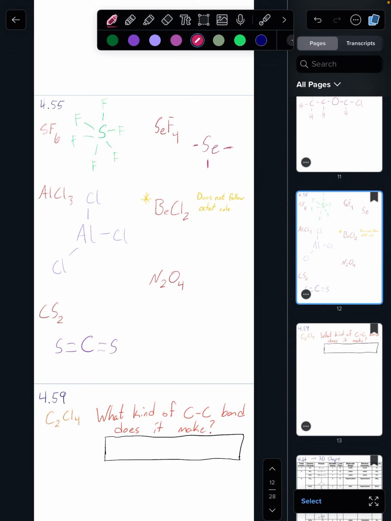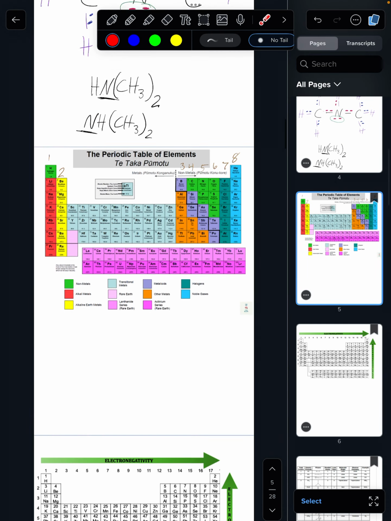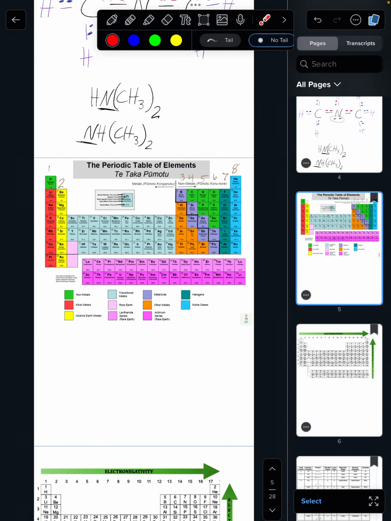And we have the 4 fluorines. Now, we know the fluorines like 7. So 1, 2, 3, 4, 5, 6, 7. So all the fluorines are happy. Let's go check to see if this one is happy. So we find it here, and it's a 6.